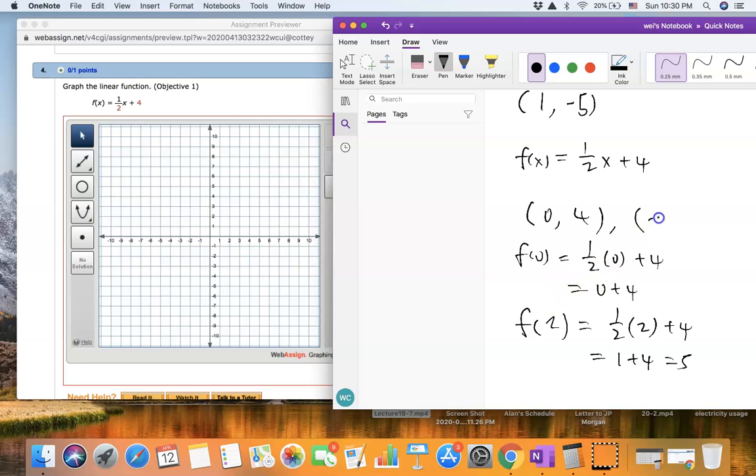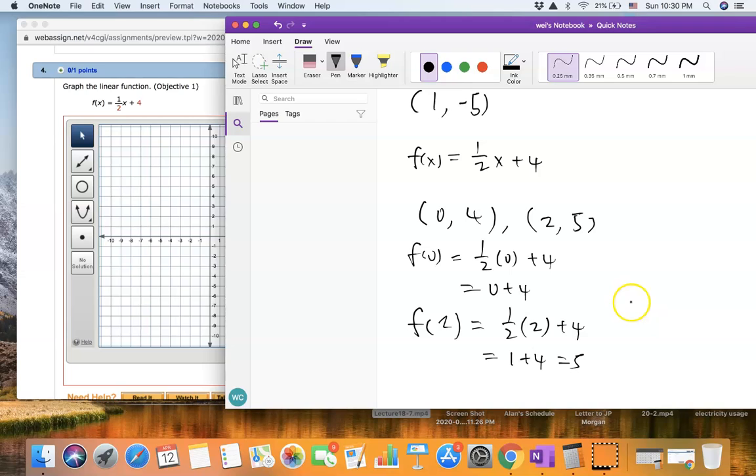So when x equals 2, y equals 5. Now, we can also use 1. When x equals 1, y equals 1 over 2 times 1 plus 4. Since 1 over 2 is 0.5, this equals 4.5.